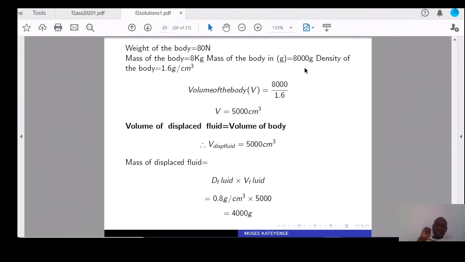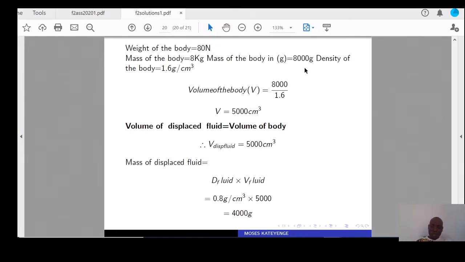Now, why am I finding the volume of the body? It's because of one reason, and that is that the whole volume of the body is equal to the volume of the displaced fluid.